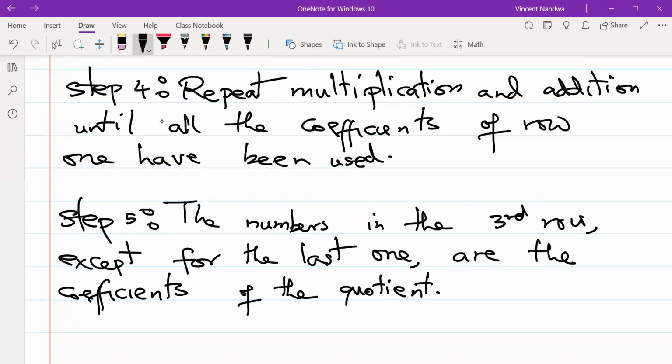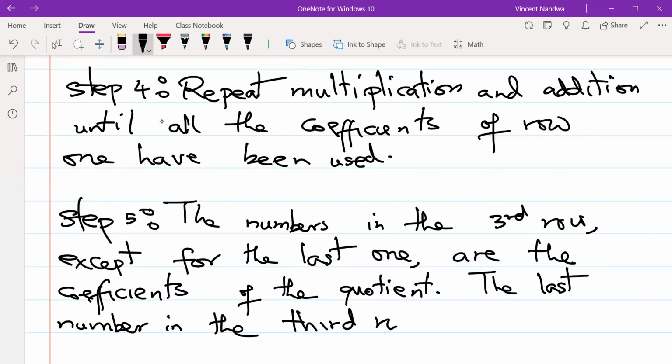The last number in the third row is the remainder. So that is the whole process of synthetic division.